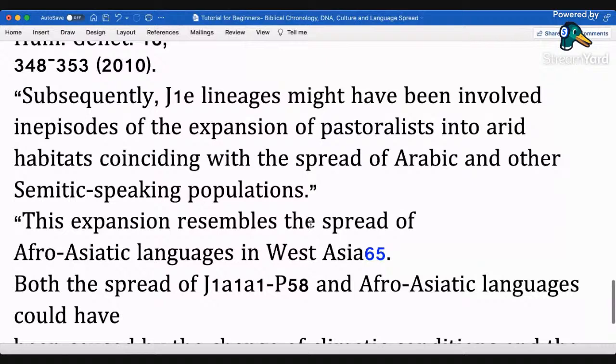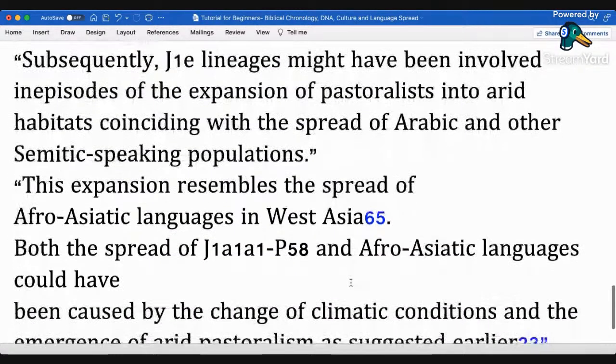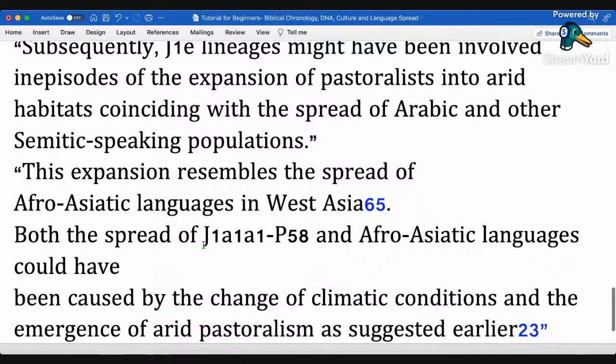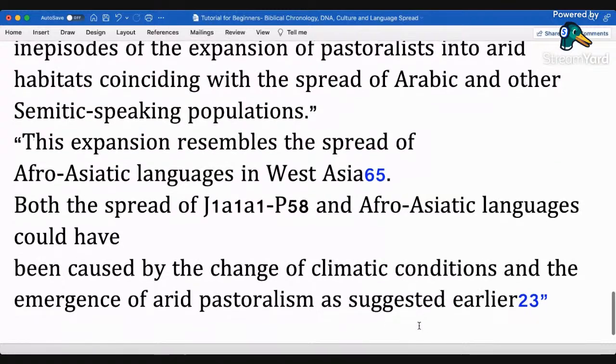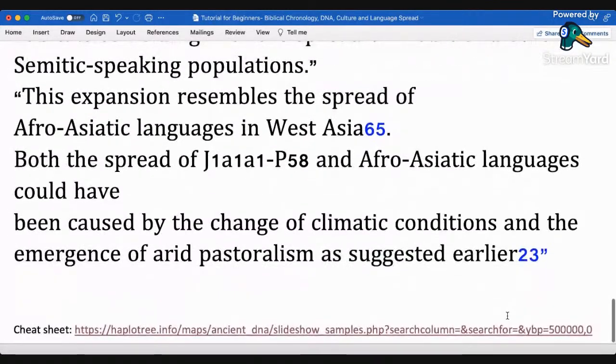This expansion resembles the spread of Afro-Asiatic languages in West Asia. Both the spread of J1A1A1 page 58 and Afro-Asiatic languages could have been caused by the change of climatic conditions and the emergence of arid pastoralism, as suggested earlier.